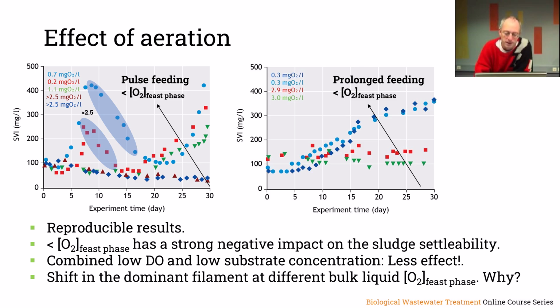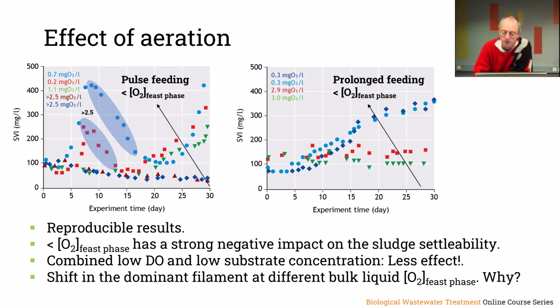So what we see is, first, these experiments are very reproducible, so the behavior of the bacteria towards low oxygen concentrations or towards short or long-term feeding, so low substrate concentrations, is very reproducible. Low concentrations all the time lead to bulking sludge.